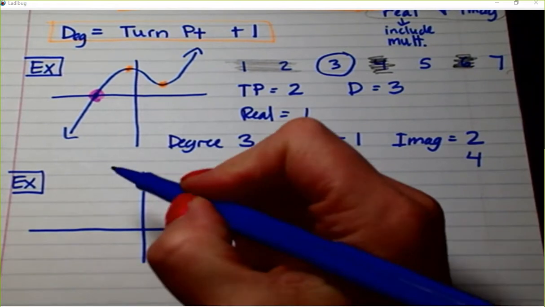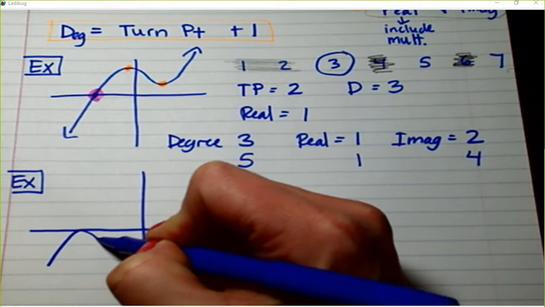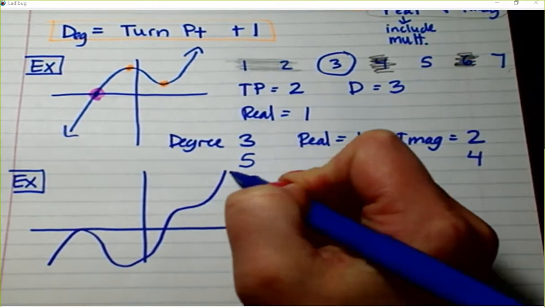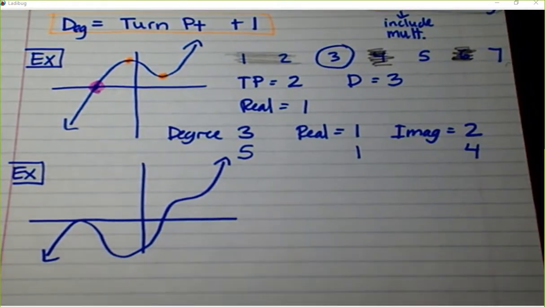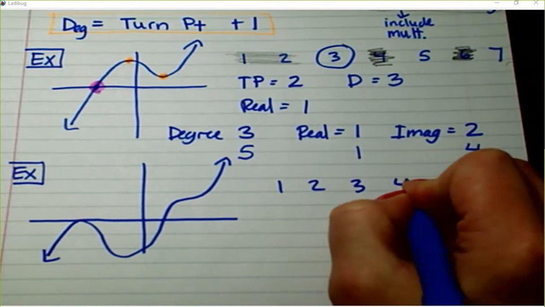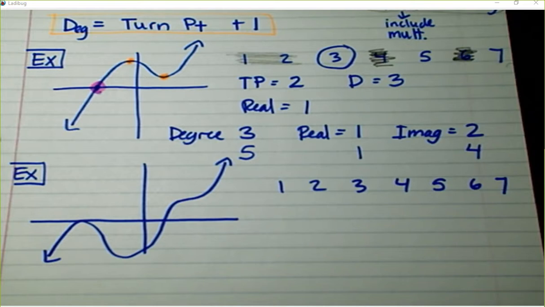Okay, so let's draw another one. I'm just going to write down, and we're just trying to guess what the degree should be. That's all we're trying to do.